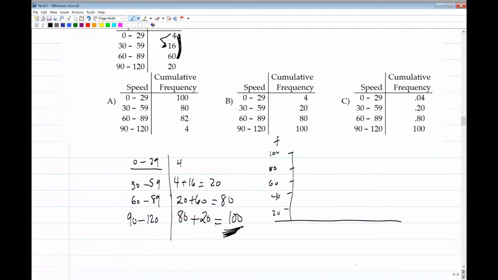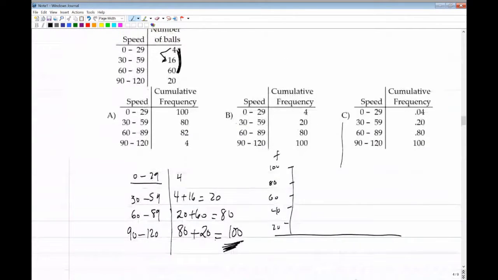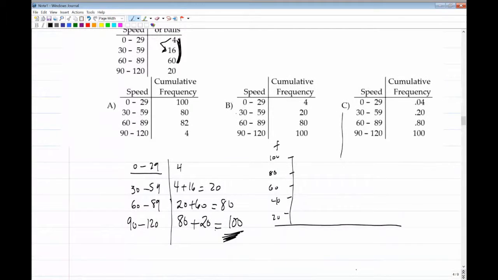On the number line, we put the class values on the x-axis and the frequency on the y-axis, going 15, 45, 75, and then 105 and so on.